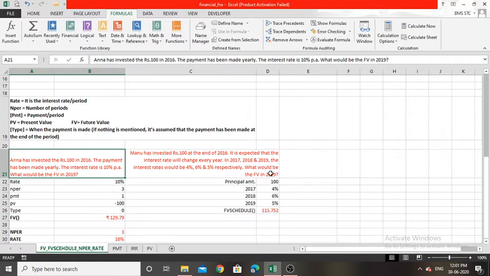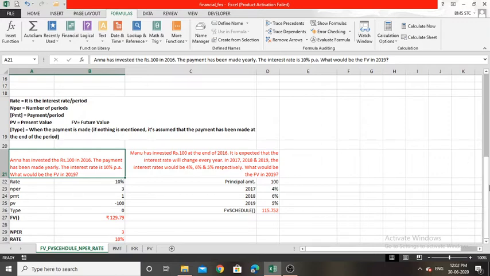The question will ask the same, what will be the future value. But by simply calculating the future value using the FV function, it might go wrong. So just check whether the rate is constant or variable, and according to the rate value, decide which future value function is to be used.